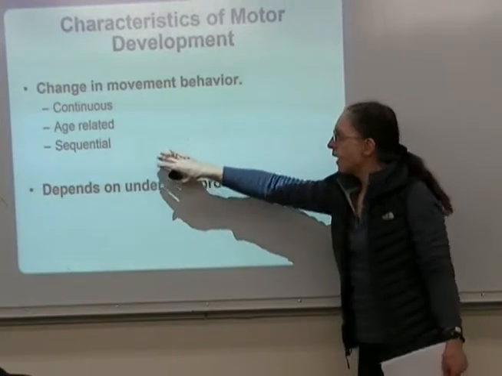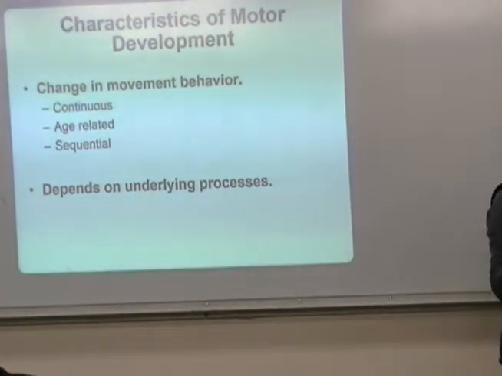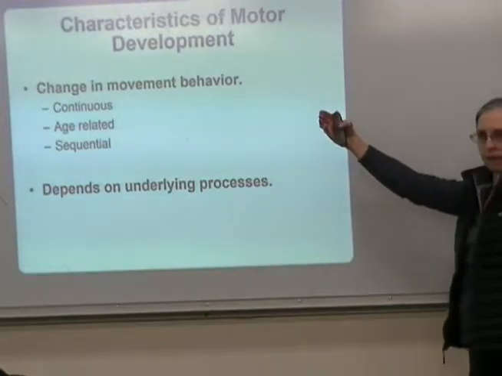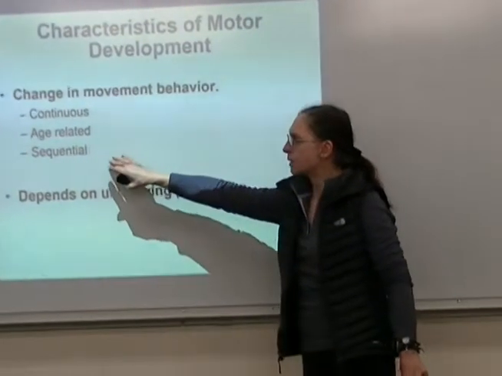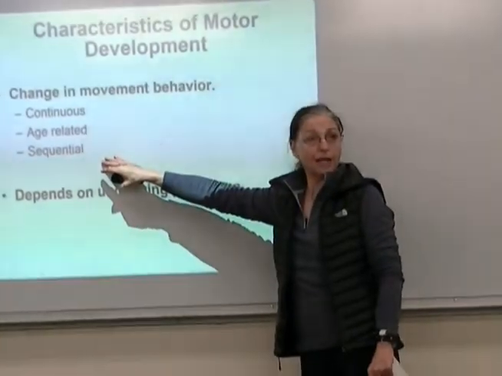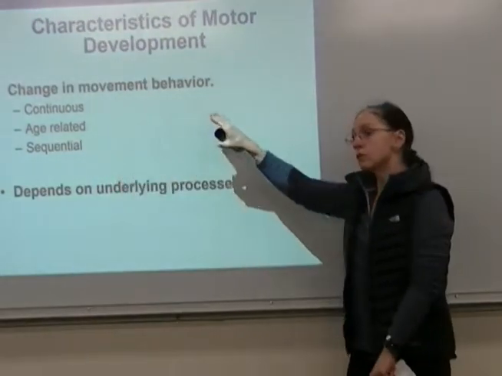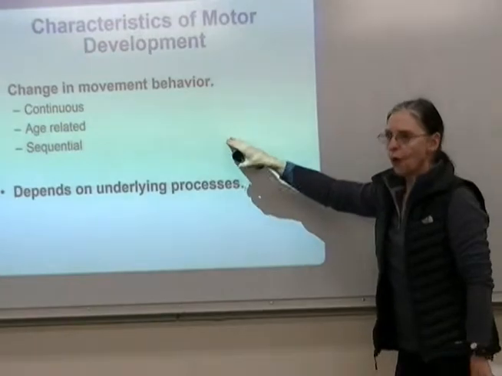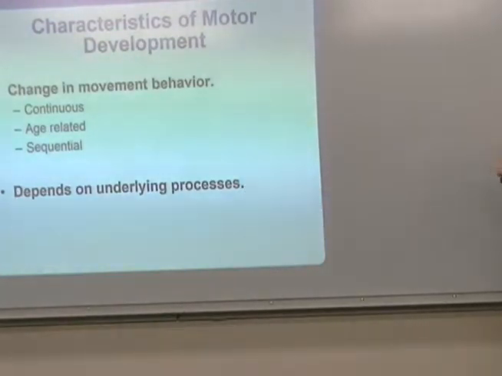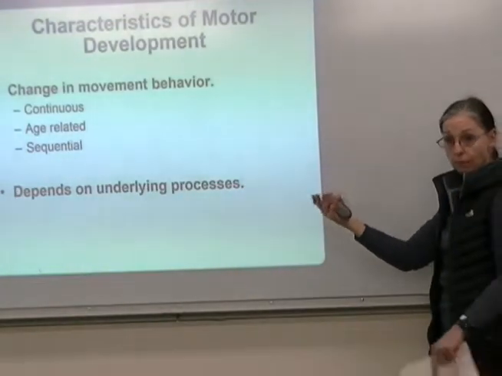Make sense? And it's sequential. So we've already looked at the fact that we have sequences within that skill, right? Stage 1, stage 2, stage 3, stage 4. There's a sequence we expect to see as the skill develops. We're also going to look at the fact that skills from walking to running to hopping to skipping have a sequence as well.